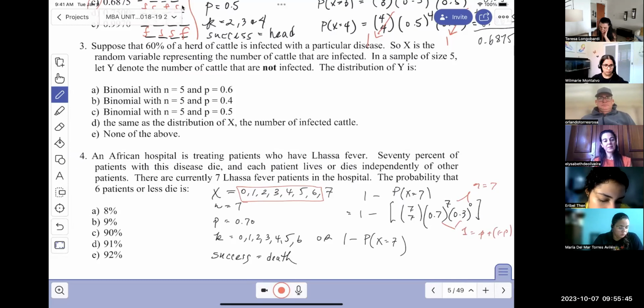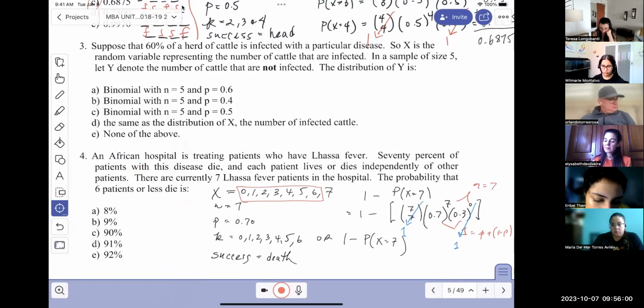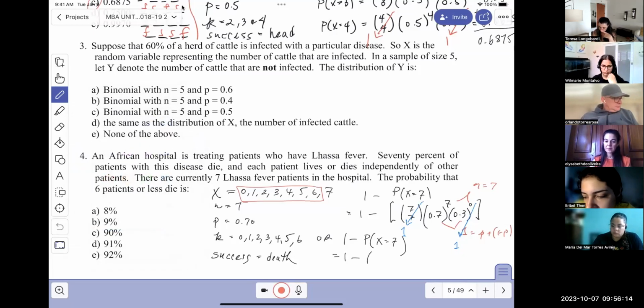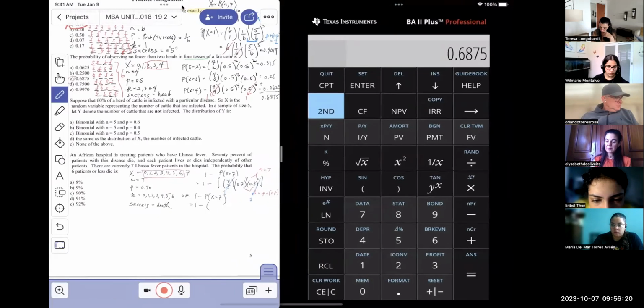So to simplify this, this will just be 1 because there's only one way. You can check on your calculators. This one will be 1 because anything to the power 0 is 1. So all you're doing is raising 0.7 to the power 7 and subtracting it from 1. So it's just 0.7 to the power 7 is 0.08.